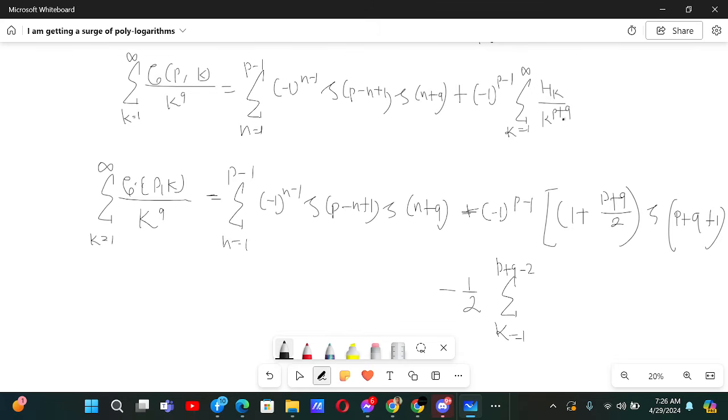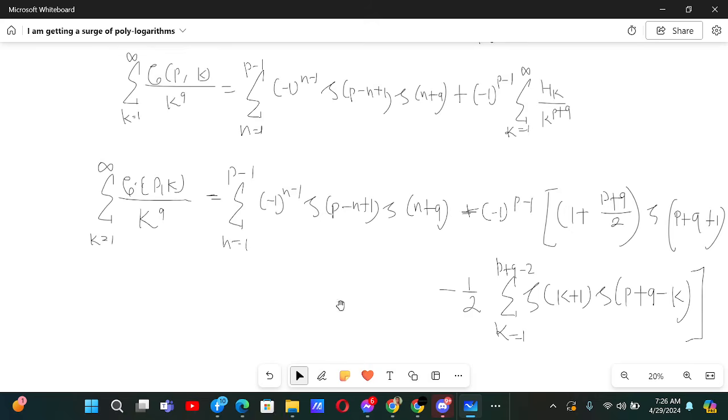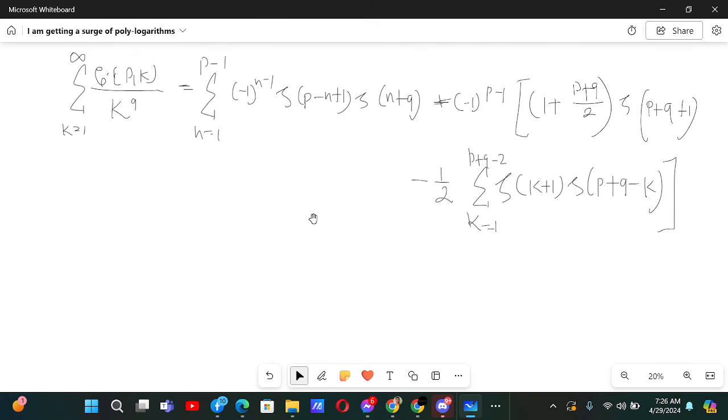Then we will have the Riemann zeta of k plus 1 and then Riemann zeta of p plus q minus k, and the big bracket closes. So this is finally our answer, and let me write it in proper way.